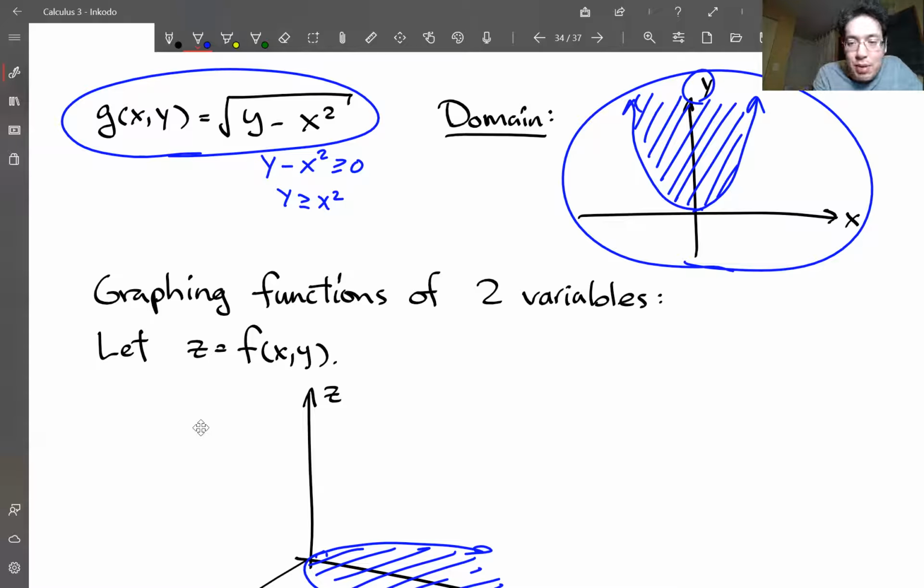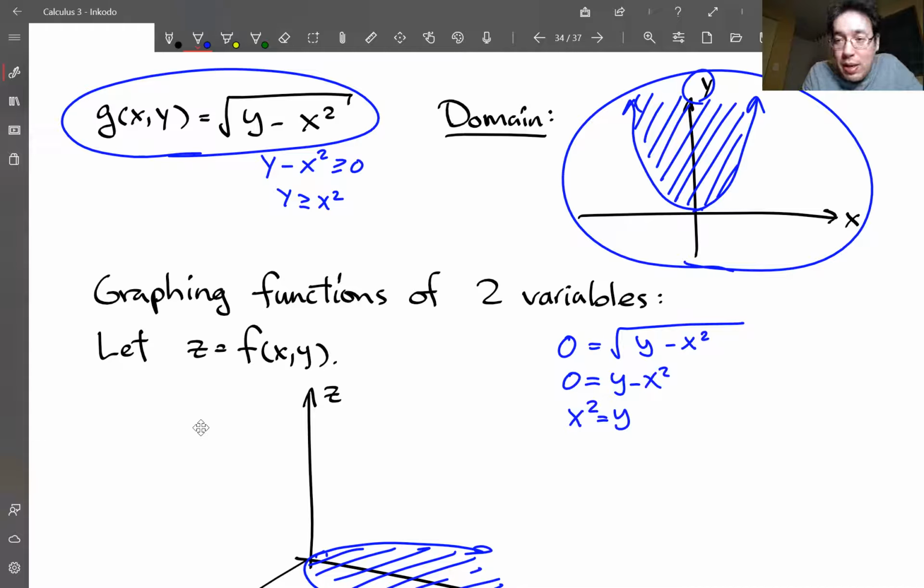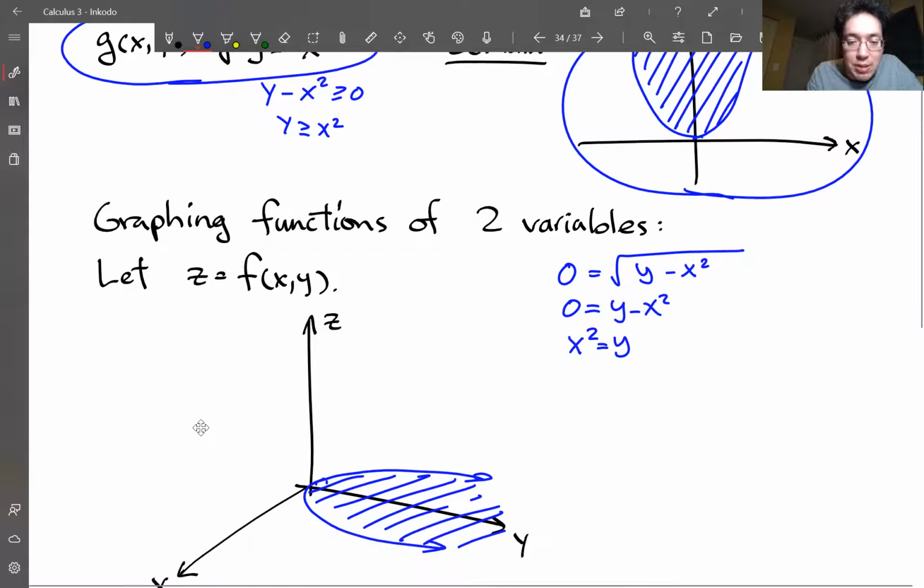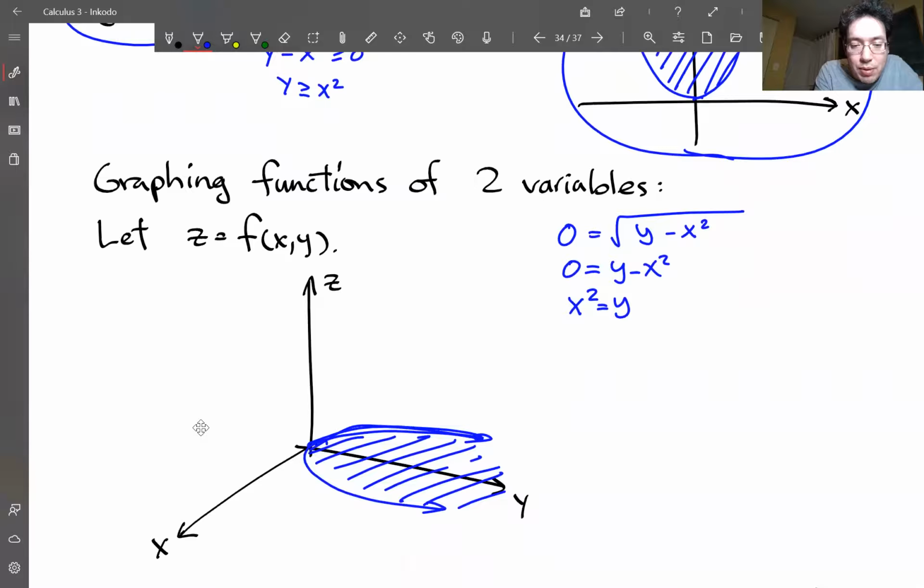So for example, if we substitute 0 for the output, we could square both sides of the equation, bring x squared to the other side, and we get the parabola y equals x squared. So that's on the boundary of the domain. This blue parabola that I drew there is part of the graph. That's on the floor, on the xy plane.